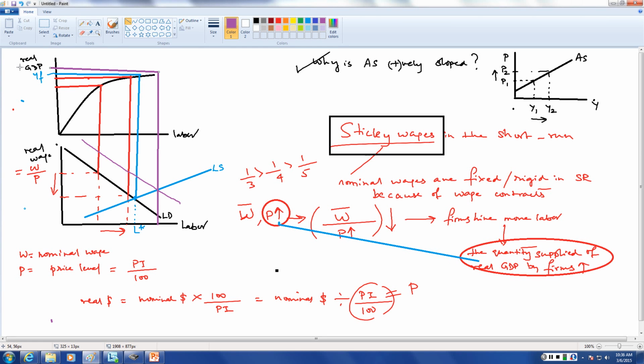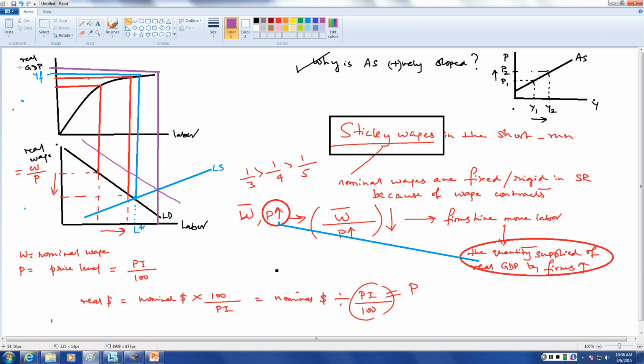Other reasons could be, for instance, the discoveries of new resources. Because remember, labor has to work with the other three resources: capital, entrepreneurship, and land, right? So if, for instance, the economy decides to invest and build up its capital stock, meaning machinery, then workers will have more machines to work with and they will become more productive therefore.